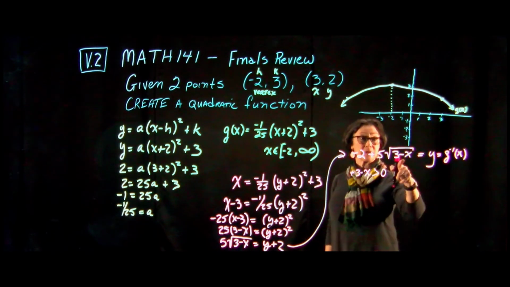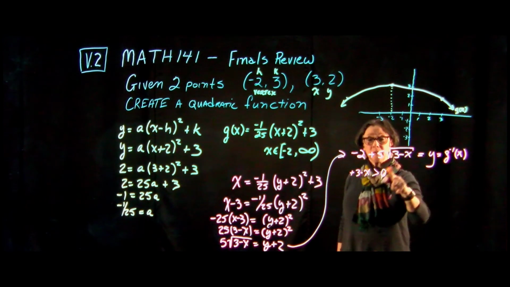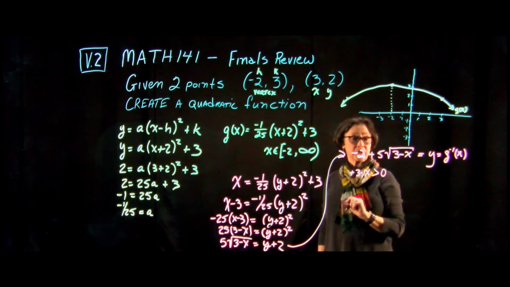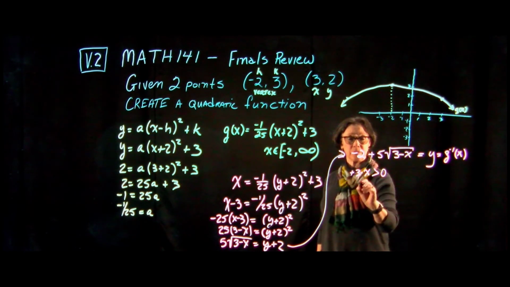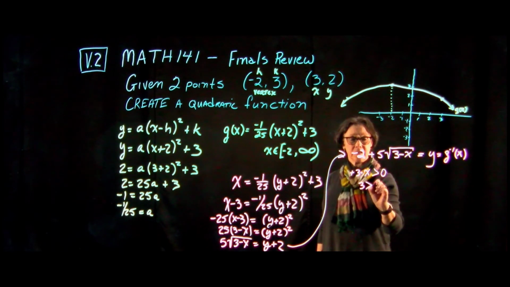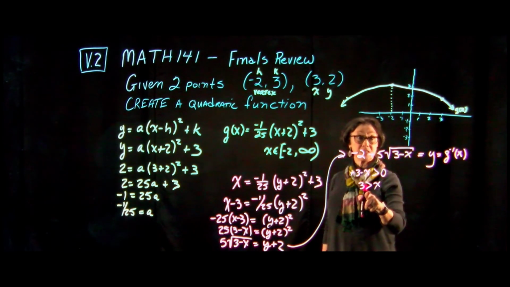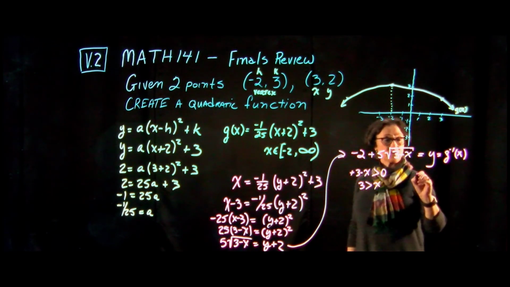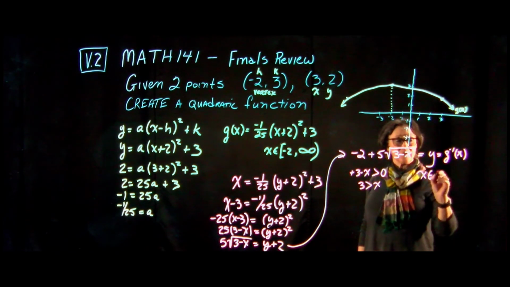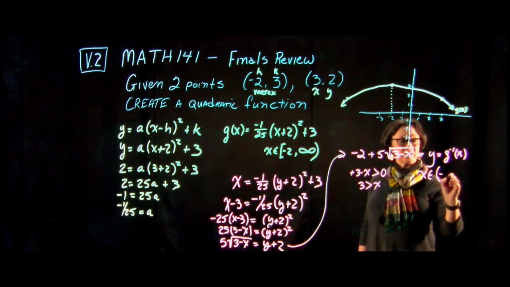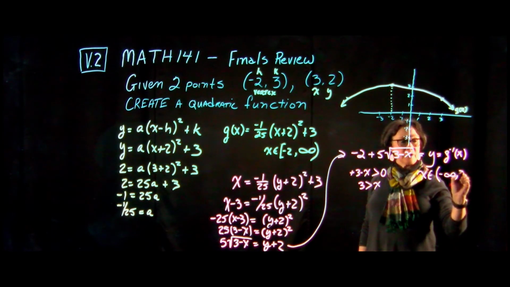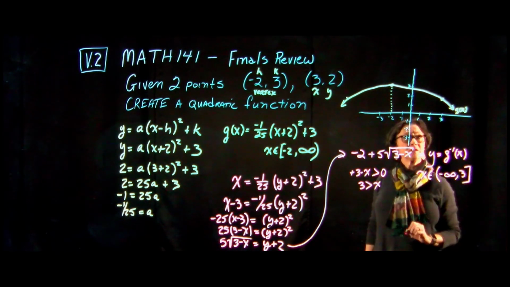It's okay to equal 0. Square root of 0 is 0. But we want this to be positive, so that's why it's greater. I'm going to add x to both sides. And that tells me that my x has to be smaller than 3. So I have x is an element of negative infinity up to and inclusive of 3.